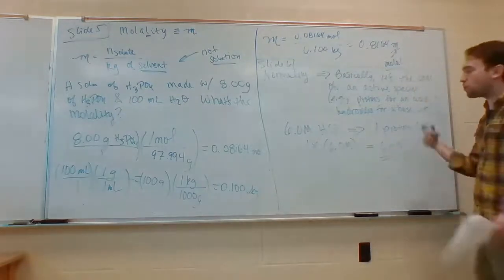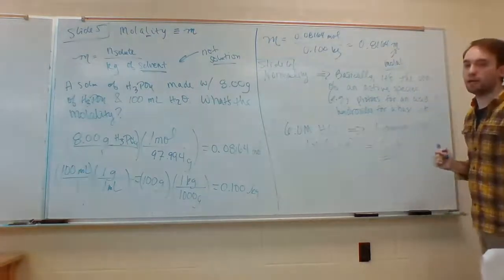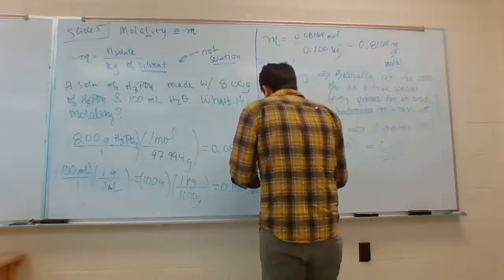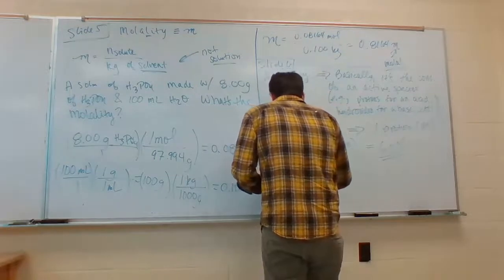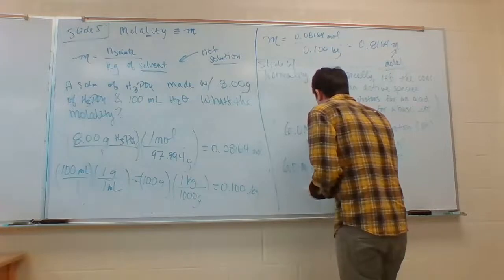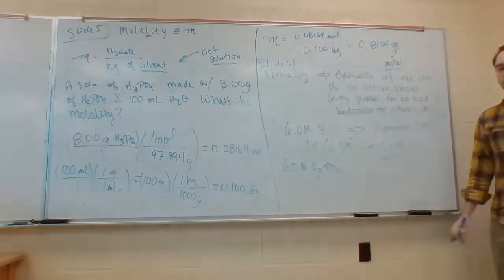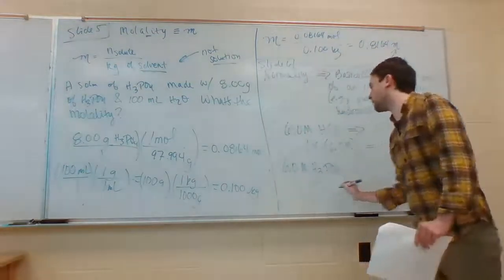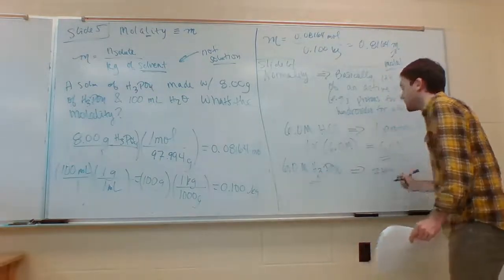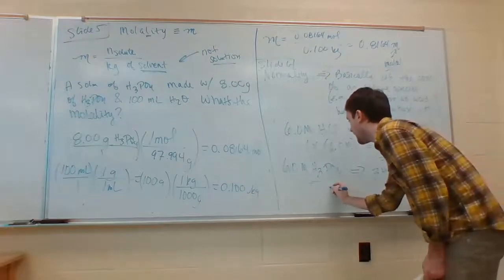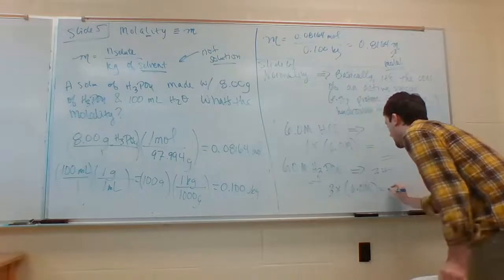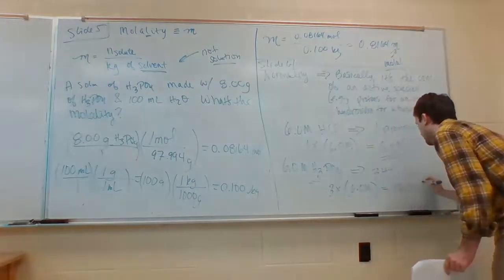Again, that's the concentration of the active species. Now if we had 6.0 molar phosphoric acid, H3PO4, how many acidic protons does it have? It has 3. So we have 3 H pluses that can be used, which means we will have 3 times 6.0 molar to get 18.0 normal.